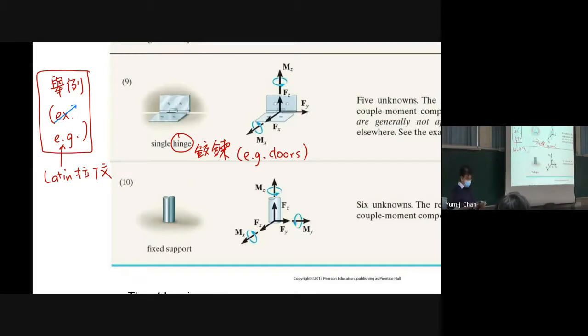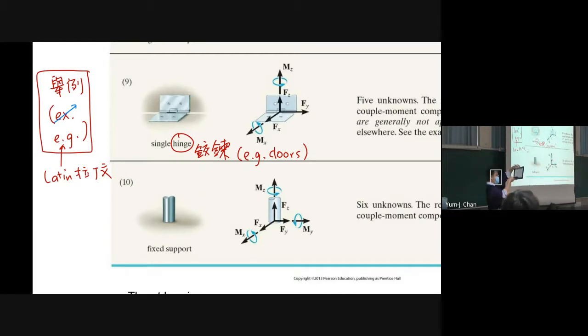Now for this kind of problem, let's go back to hinges. Hinges like this one: for example, this is the support and we have the rigid body here. It can move in this direction, right? My iPad can rotate in this direction.